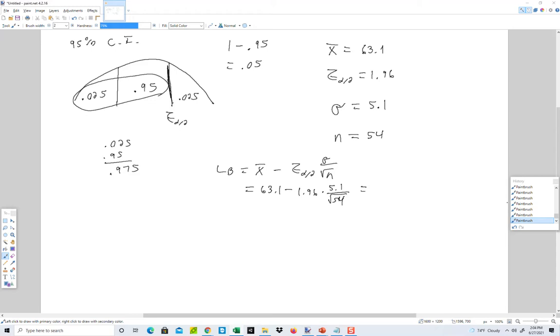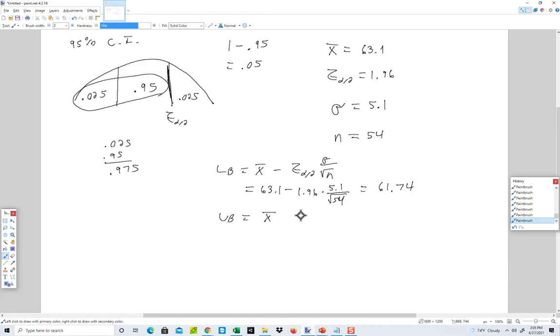And I get 61.74. Actually, it's 61.73972. I guess they probably want to round to one decimal place, but if there's one decimal place, it'd be 61.7.